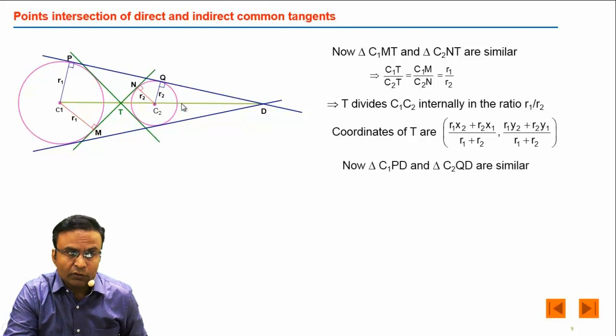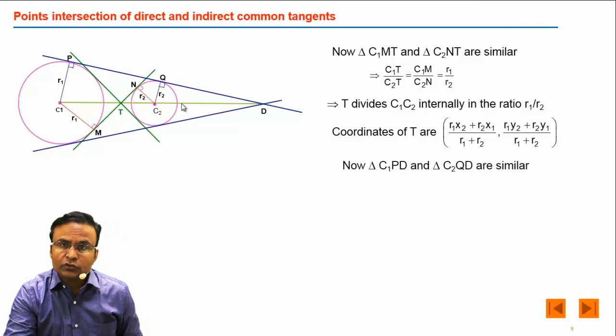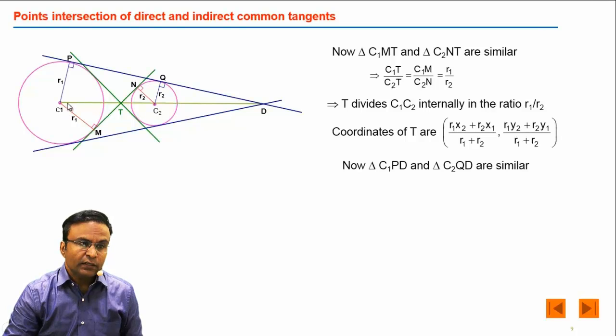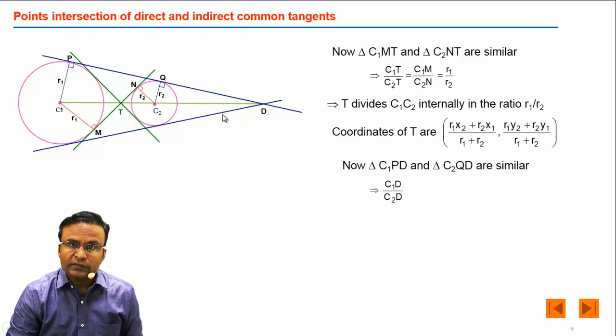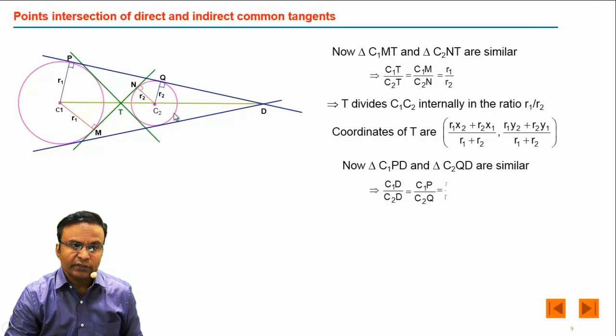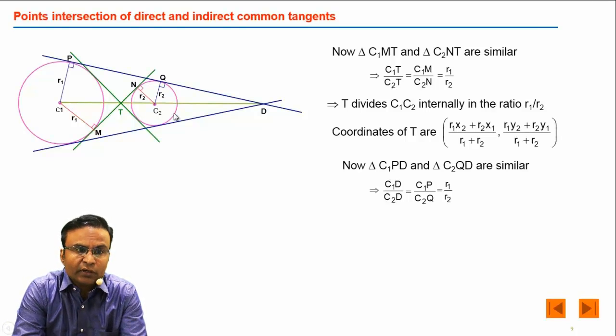So we can now compare the ratio of the lengths of their sides. C1D upon C2D is equal to C1P from the bigger triangle upon C2Q from the smaller triangle. From the diagram, C1P is R1 and C2Q is R2. So this ratio is R1 upon R2.